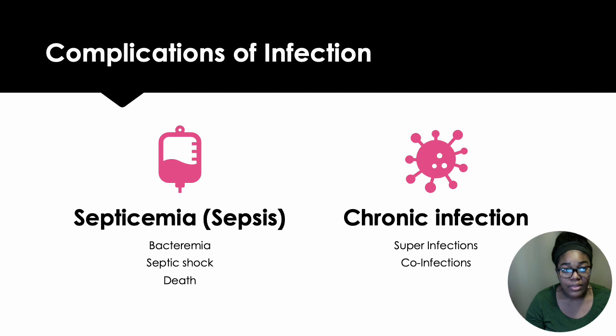Then we have the complication of infection, chronic infections. So this can result from superinfections or co-infections, and we describe what those are. Superinfections are normally the result of the inappropriate use of antimicrobial therapy. You have co-infections that can exist at the same time. And the thing about chronic infection is that it comes and goes.